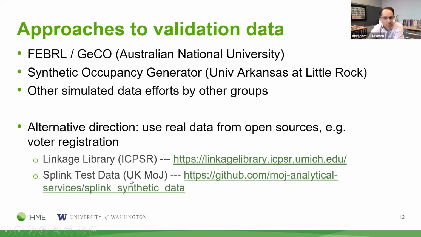And then there's a group at the English version of this, the United Kingdom's Ministry of Justice is kind of where that research is happening in the UK. And they've come up with a way to generate test data by crawls of Wikipedia, where they can get millions of records that have real world noise in them. And they actually don't make that data available. We'll circle back to some of the ethical questions about what we share from all of this towards the end of the talk.